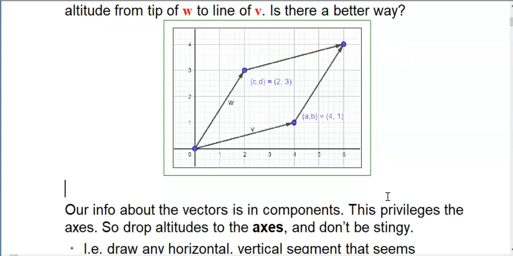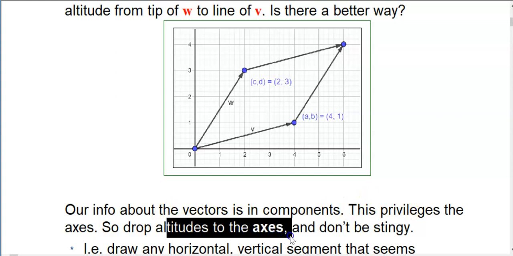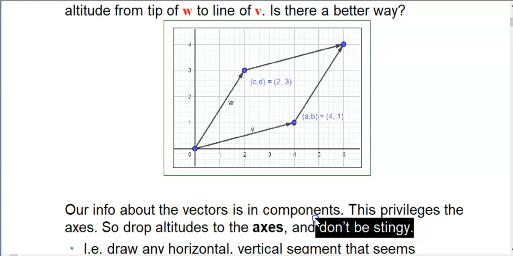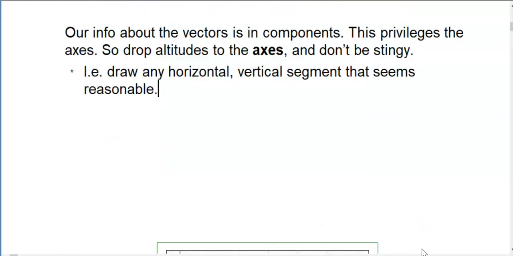Because it's in components, we should drop perpendiculars to the axes. My hint here is to draw a lot of stuff that's either vertical or horizontal. Draw any horizontal or vertical segment that seems reasonable in this picture.